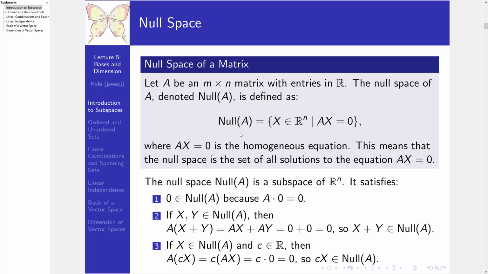But I think they're very similar concepts. I typically see null space with matrices. That's usually how they're introduced. But I think they're exactly the same. Essentially the same thing.